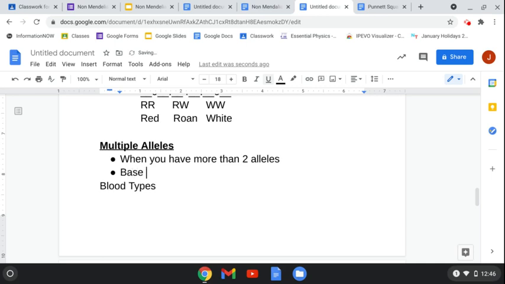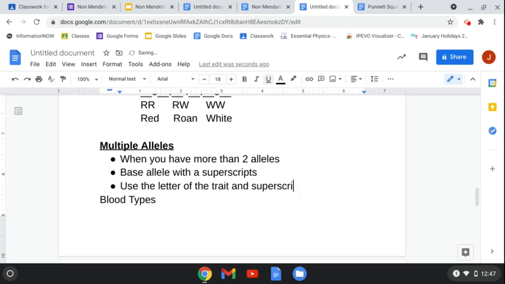This is going to be your base allele with a superscript. This is similar to how sex-linked traits work. You're going to use the letter of the trait, whatever you're talking about, and then the superscripts are going to be the versions of the trait, or what that trait would look like. I have an example of this on the homework, and I'll go over that.